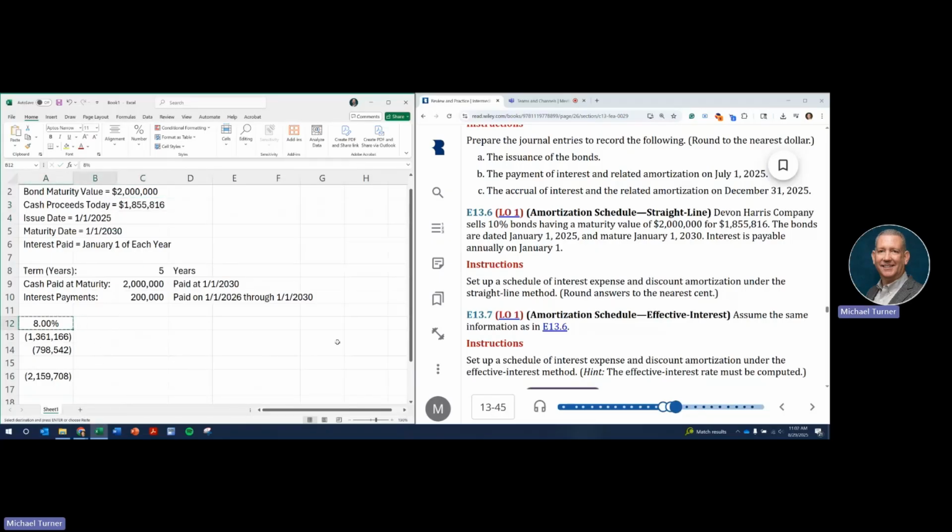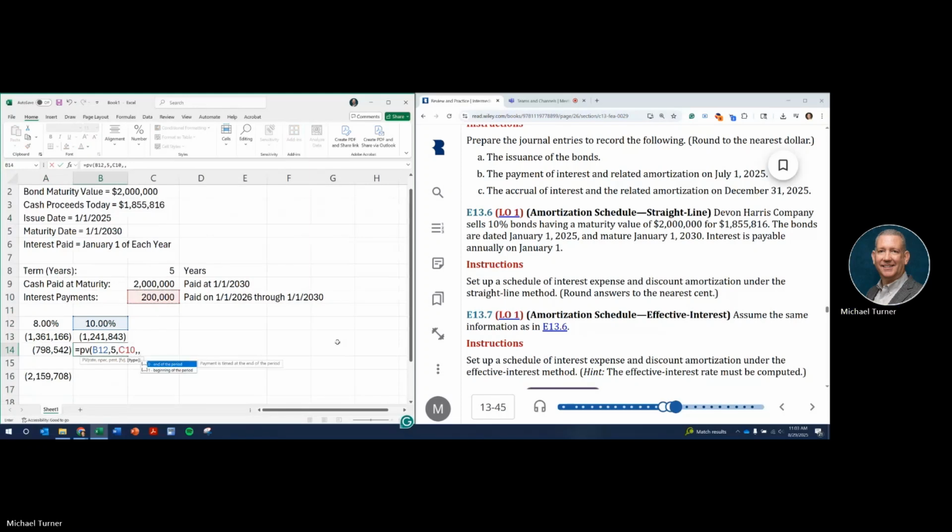So let's do a similar calculation, but I want to use 10%. Again, the present value at 10% over 5 years of a future value of $2 million is $1,241,000. The present value at 10% of 5 interest payments of $200,000 of an ordinary annuity, so I'll type the 0, is $758,000.